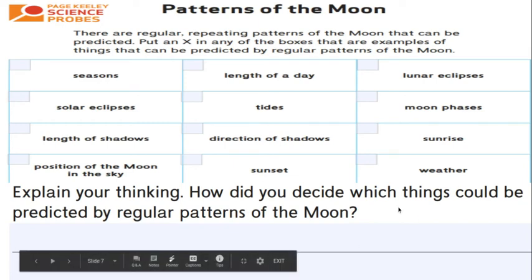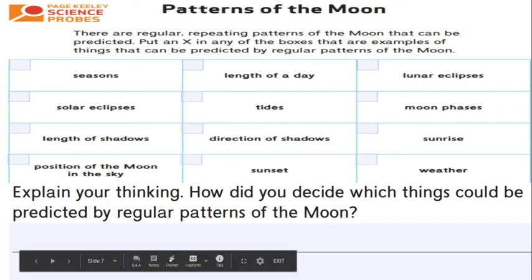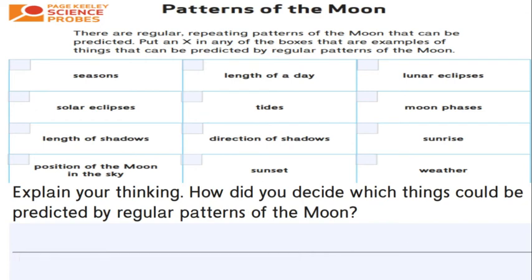Okay. So this is my prediction. One box that I predict is something that can be predicted by regular patterns of the moon is the moon phases. And the reason why I would put an X on this box or write this in my notebook is because I know that when I see the moon every night, it doesn't always look the same.